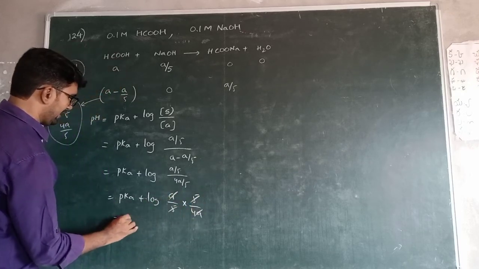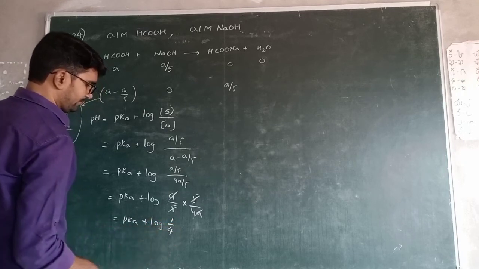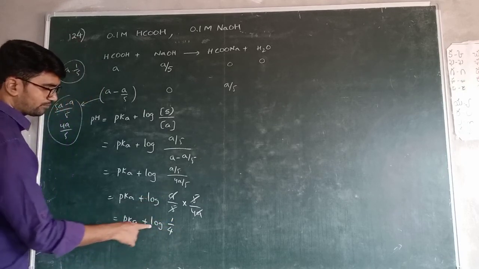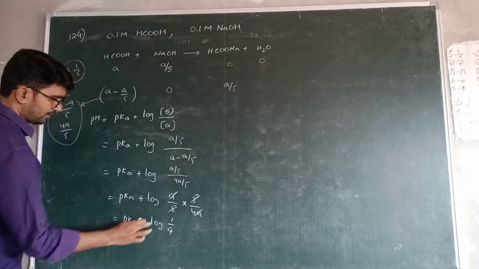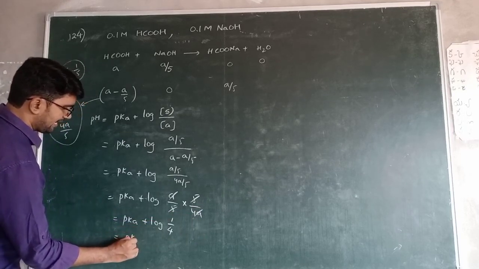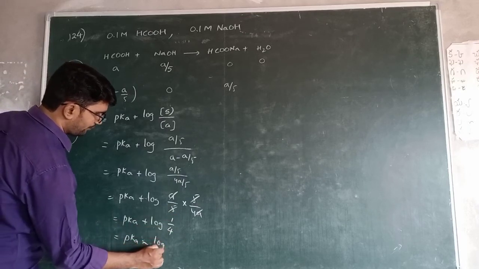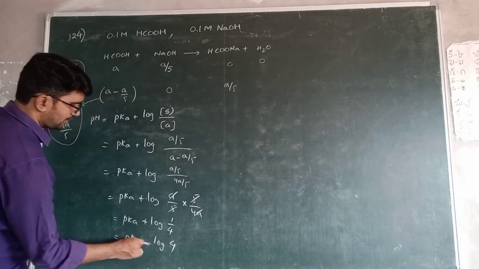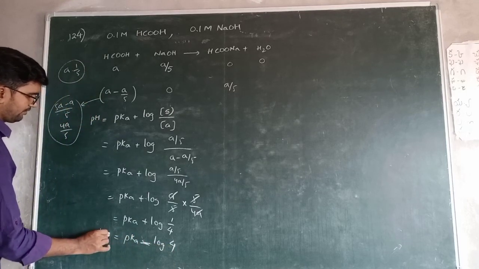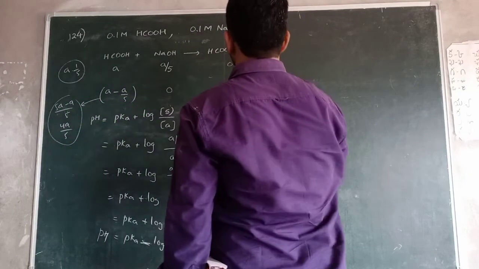So pKa plus log 1 by 4. I already told you log 1 by 4 means log 1 minus log 4, since log A by B is log A minus log B. So pKa plus log 1 value is 0, so pKa minus log 4. This is the first one, at the A by 5 stage, first stage.